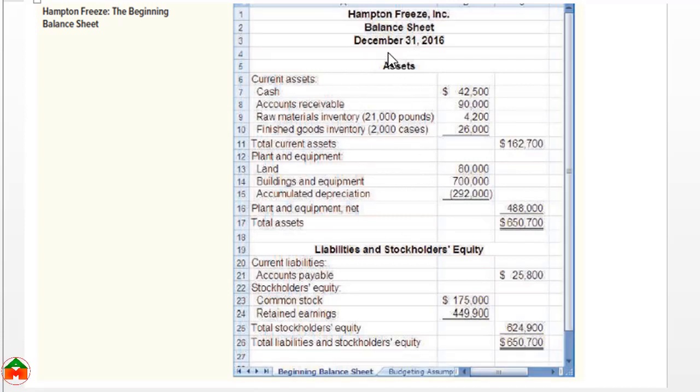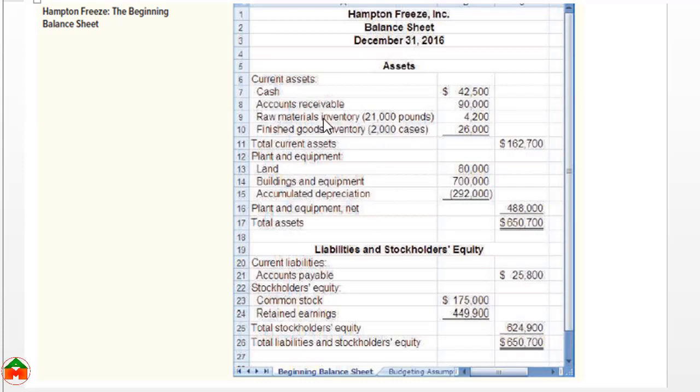In the first line we can see cash. This is the balance of cash for the beginning balance sheet, but now we are going to prepare the budgeted balance sheet, which will be prepared with the closing balance of each account. I am repeating, we will prepare the budgeted balance sheet by taking the closing balance of accounts.